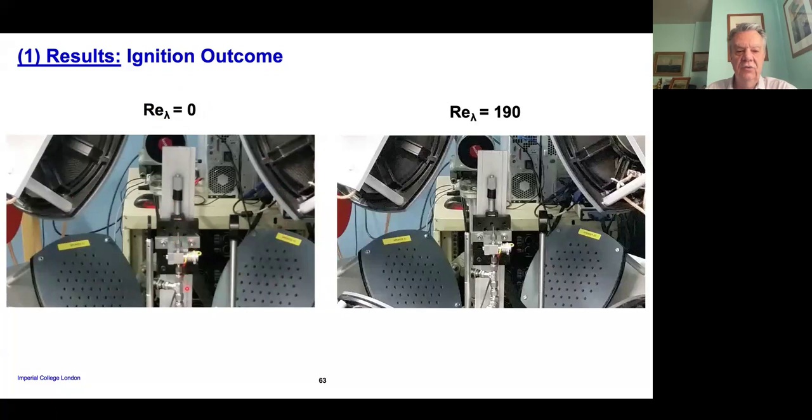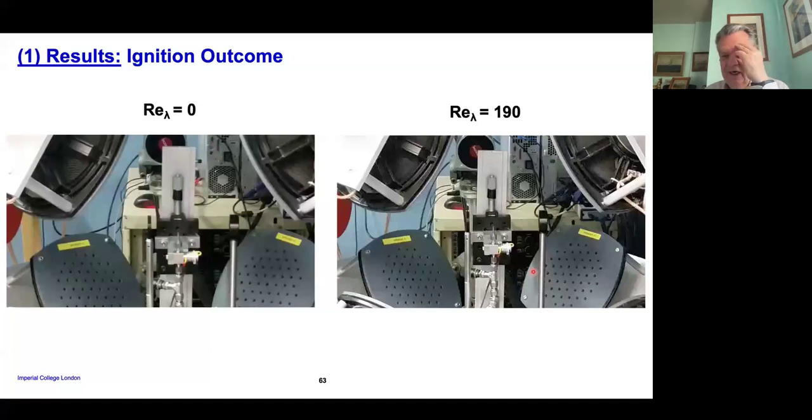And eventually you do inject, and you will see in a moment the flame that is formed, but this is in a quiescent environment. And then on the right, you have a turbulence Reynolds number of the order of 200 with the box of turbulence operating.